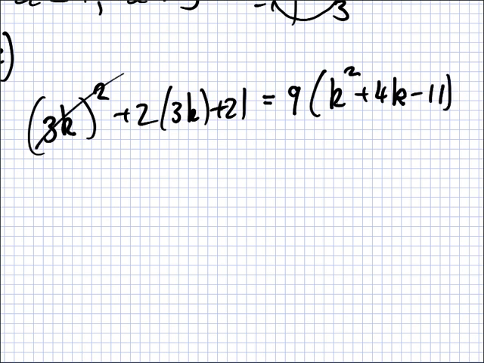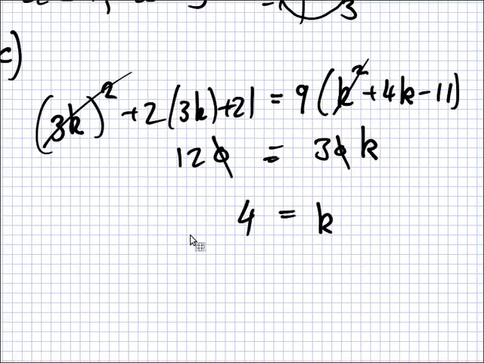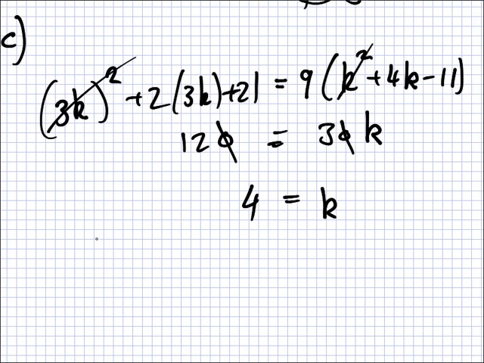So you end up getting, if I take this to the right, 36k minus 6k is 30k. And then it's 21 plus 99, 120. Cancel the zeros, k is 4. Okay, that's fine. D now.